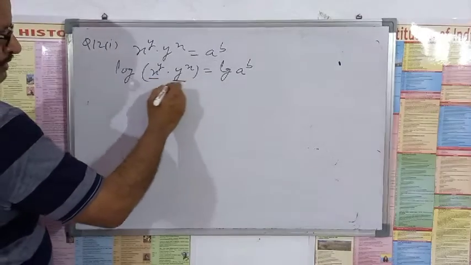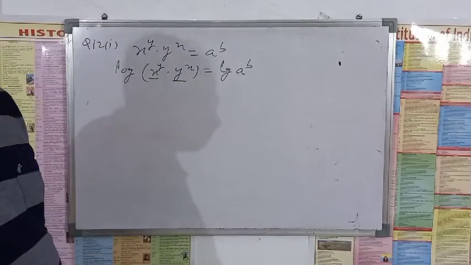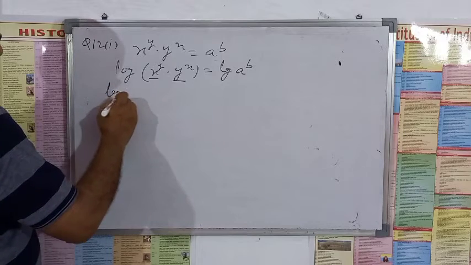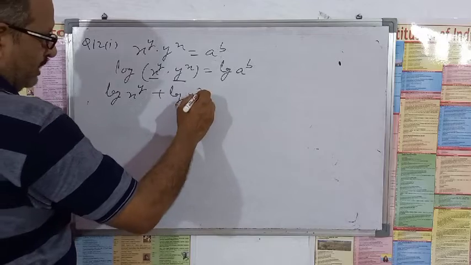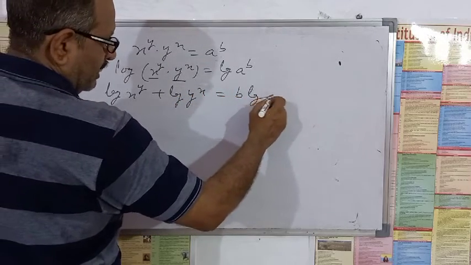Log of m into n is log m plus log n, product rule. So log x to the power y plus log y to the power x, and it is b log a, we can write.